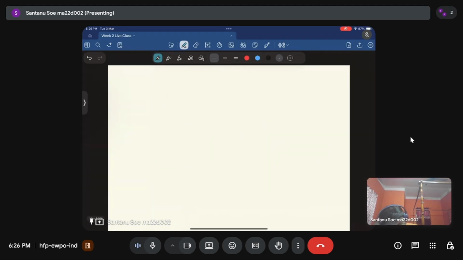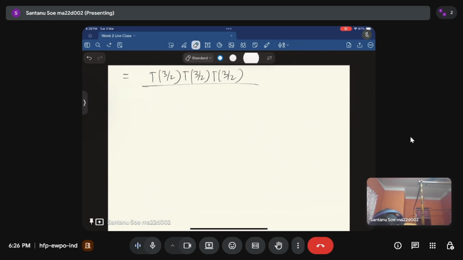And using this Dirichlet integral, this is just gamma of 3 by 2 into gamma of 3 by 2 into gamma of 3 by 2, where gamma is the gamma function, divided by gamma of 3 by 2 plus 3 by 2 plus 3 by 2 plus 1. Correct?